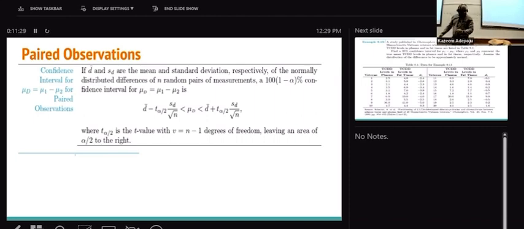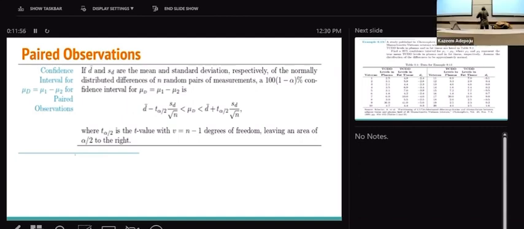Remember, in the pooled variance formula, you're going to have sp times the square root of 1 over n1 plus 1 over n2. This is the third scenario.